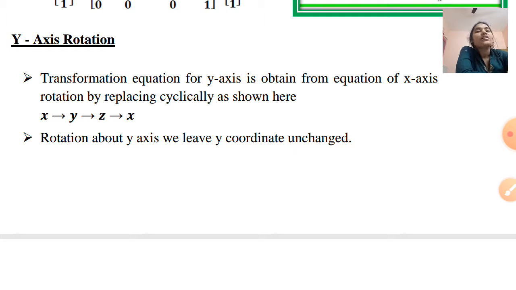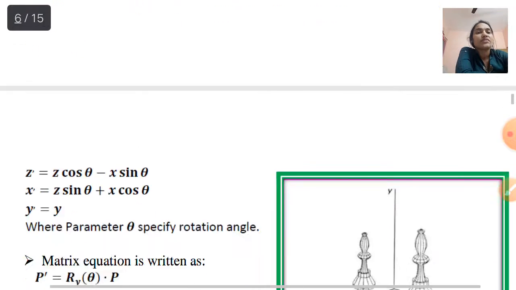Okay. Rotation about y-axis will leave the y coordinate unchanged. Okay. Remember, the axis about which we rotate, that axis coordinate remains unchanged, remains the same.